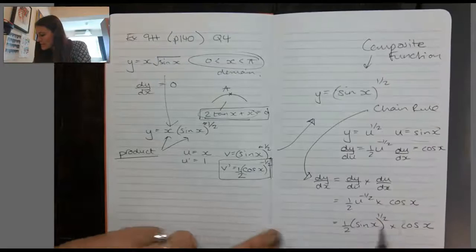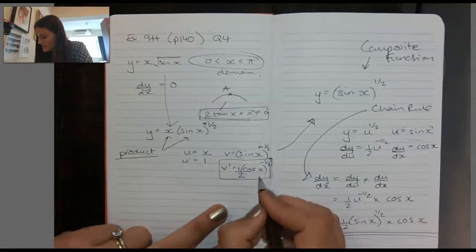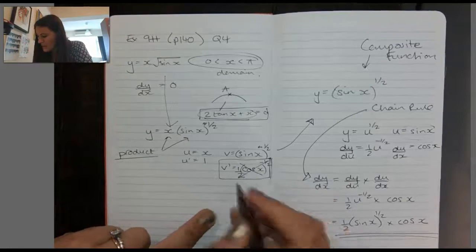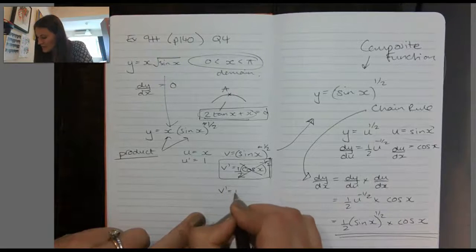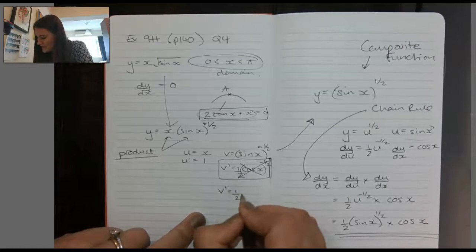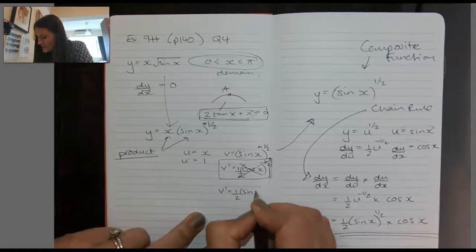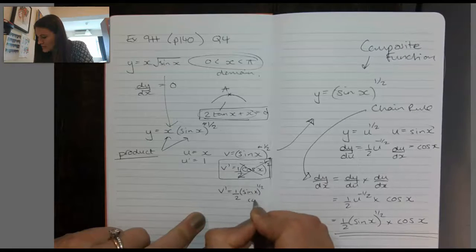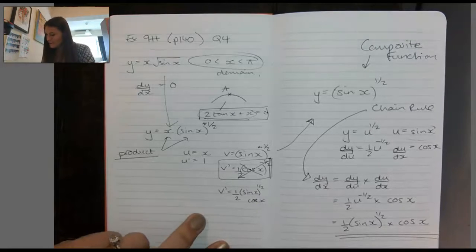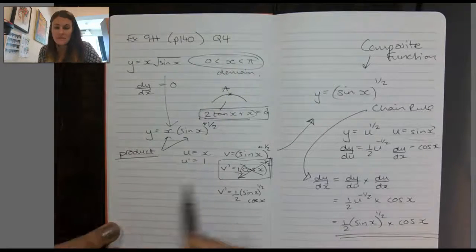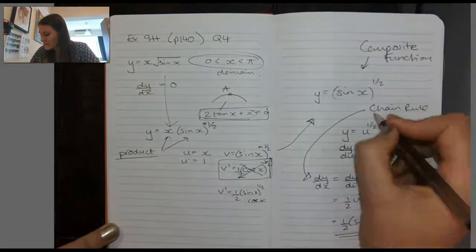Right, I'm glad I did that out in full because I realised I made a mistake here, so actually this is wrong, and doing it fully I get half sine x to the power of minus a half times cos x. Right, so that was worthwhile doing that properly.